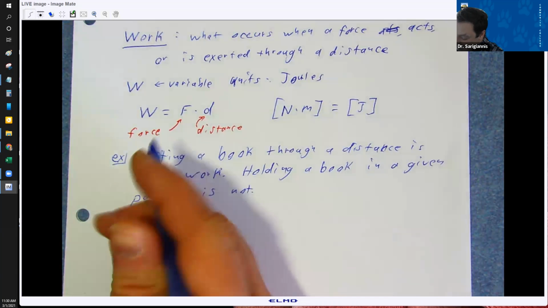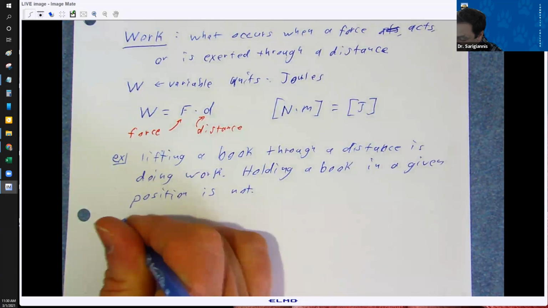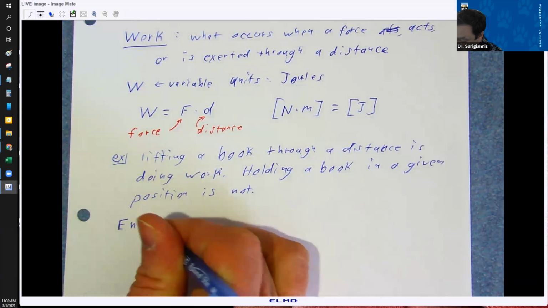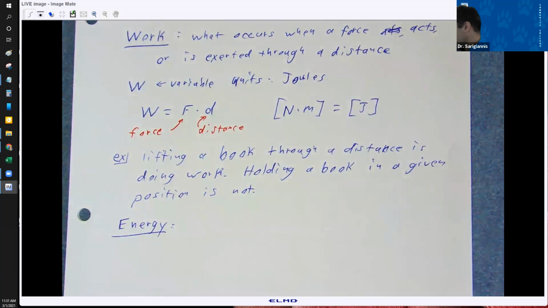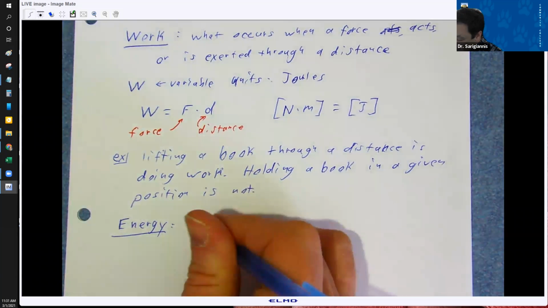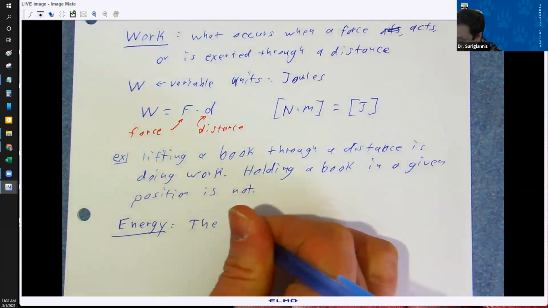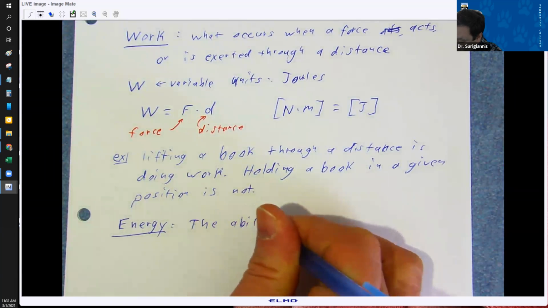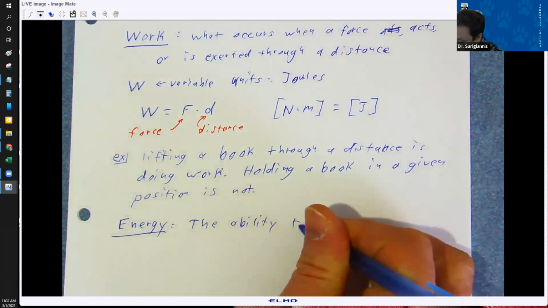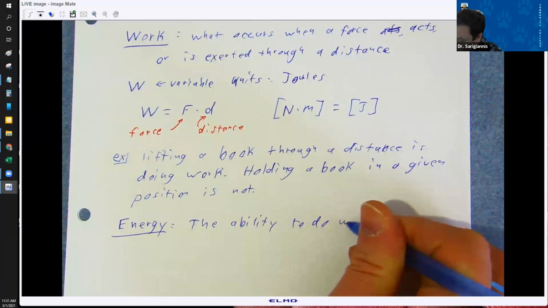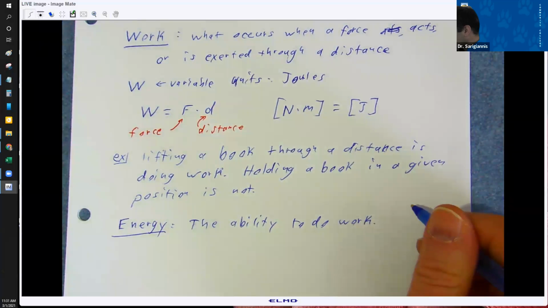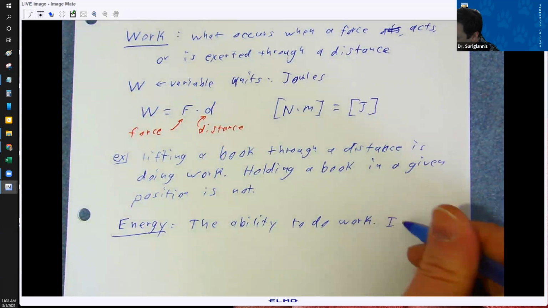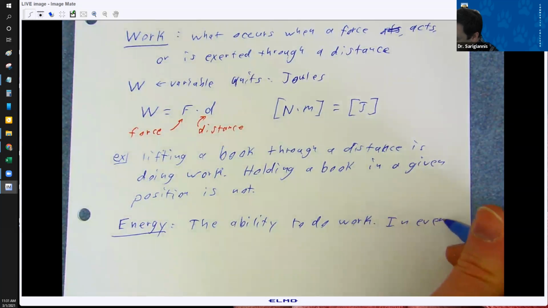And energy is basically the ability to do work. Let me expand on this again.